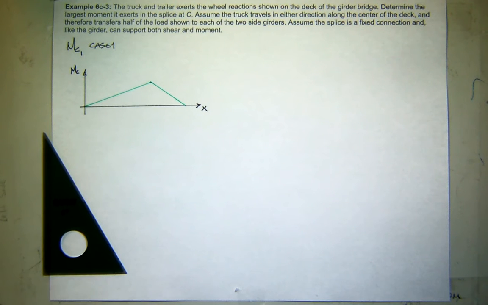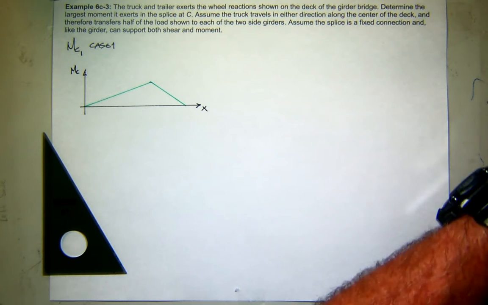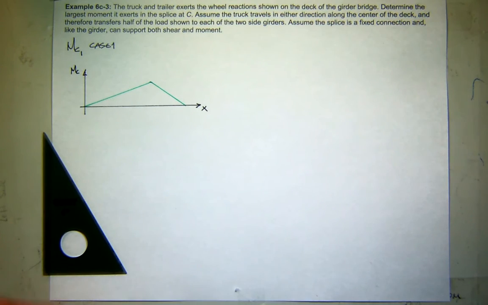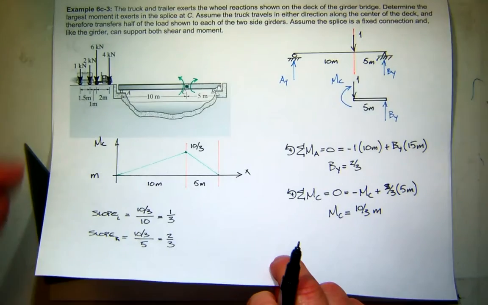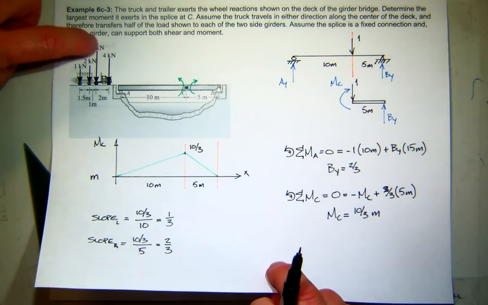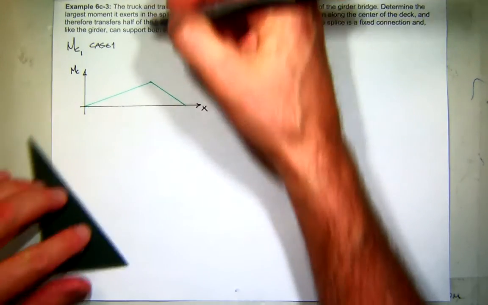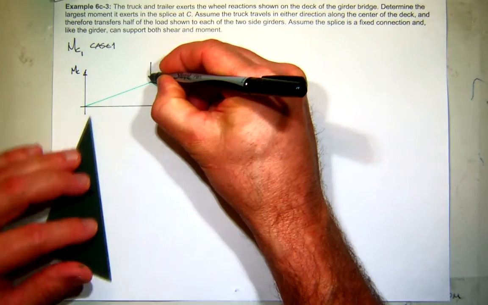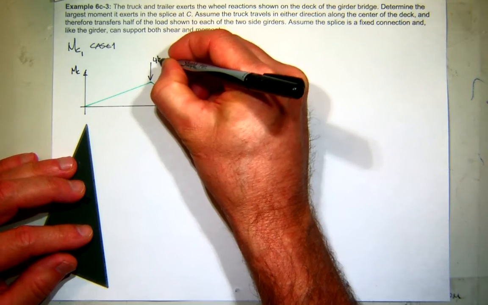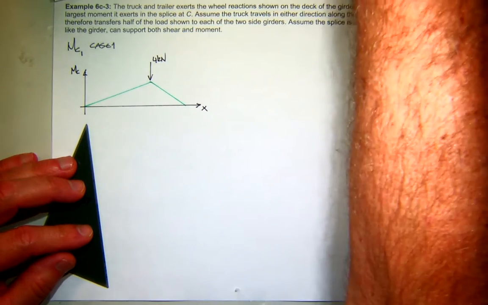So let's see, the first load that comes onto the structure is, I'm going to have to flip back, sorry. So I've got 4, 6, 2, and 1. So the first one that will come on will be at 4. Right?